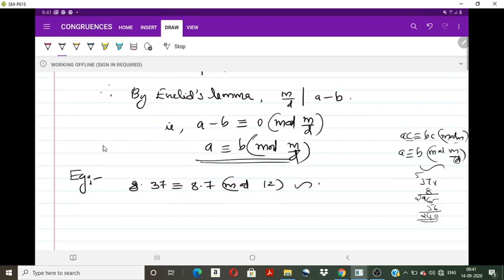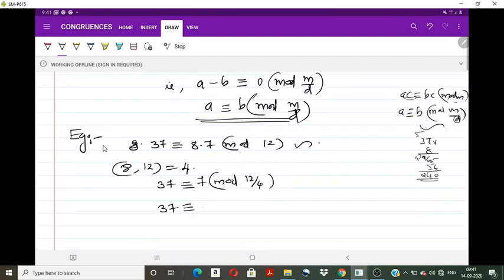So this congruence holds. And 8 is a common factor, and we can see that GCD of 8 comma 12 is 4. So we have 37 congruent to 7, we can cancel 8 under modulo 12 by 4, or 37 congruent to 7 modulo 3, which is true since 30 is divisible by 3. So we can reduce the congruences.